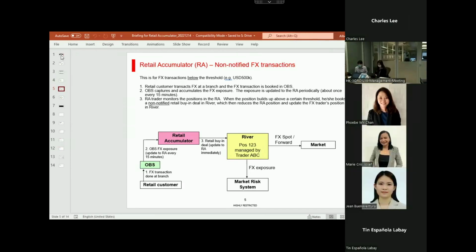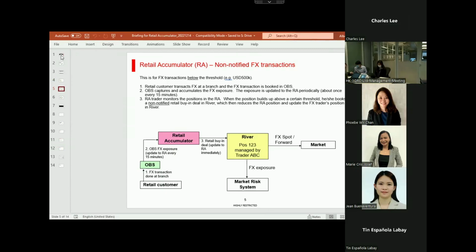This diagram is just trying to show you the flow of how the exposure is reflected in the retail accumulator, and how the risk is transferred from the retail accumulator back to the relevant trader portfolio, and also how it is reflected in the risk system, and once the exposure is transferred to the trader portfolio, how it is managed.